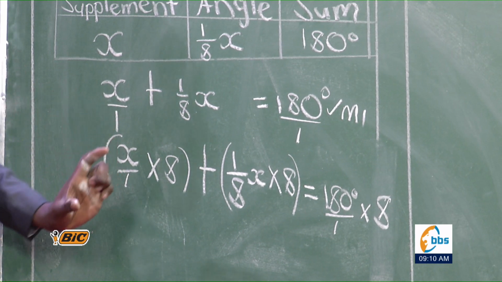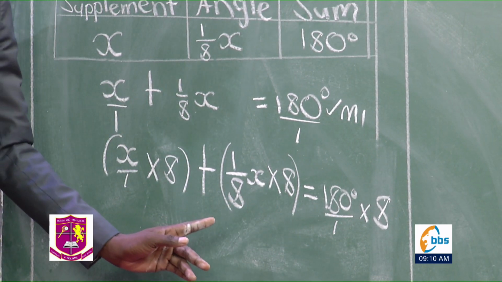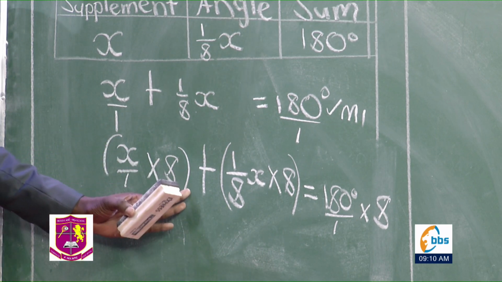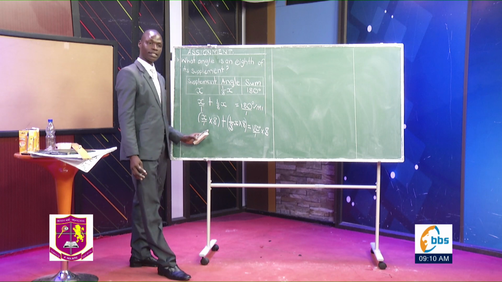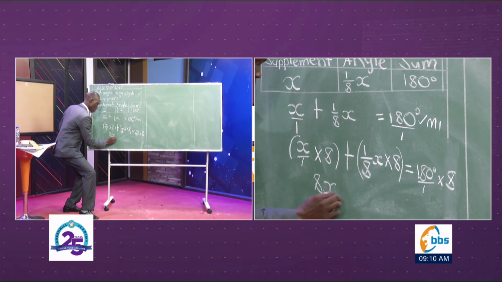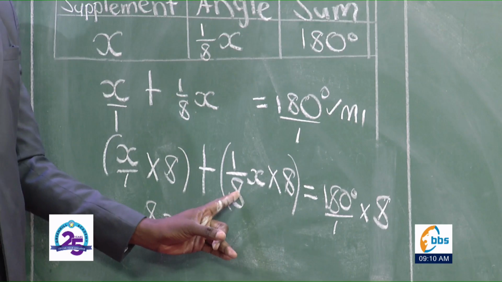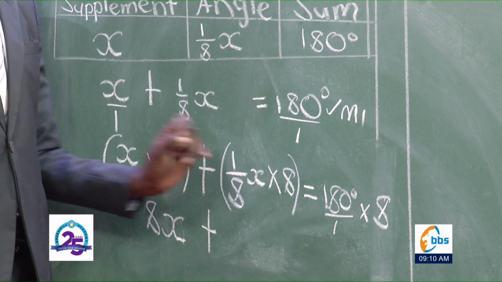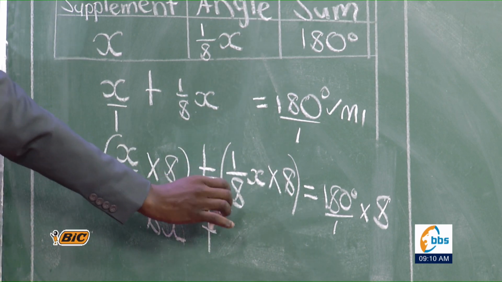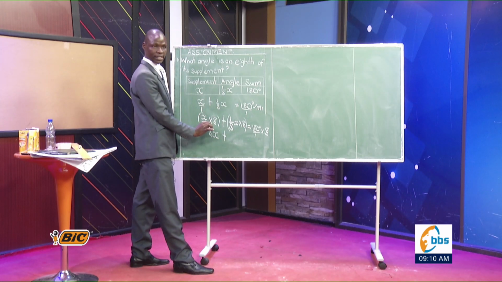We have multiplied all the terms by the lowest common denominator. And here, when we multiply x out of 1 times 8, we get 8x. Plus, we now have 1 out of 8x times 8. We have a number that can divide both this 8 and that 8, and that is 8.